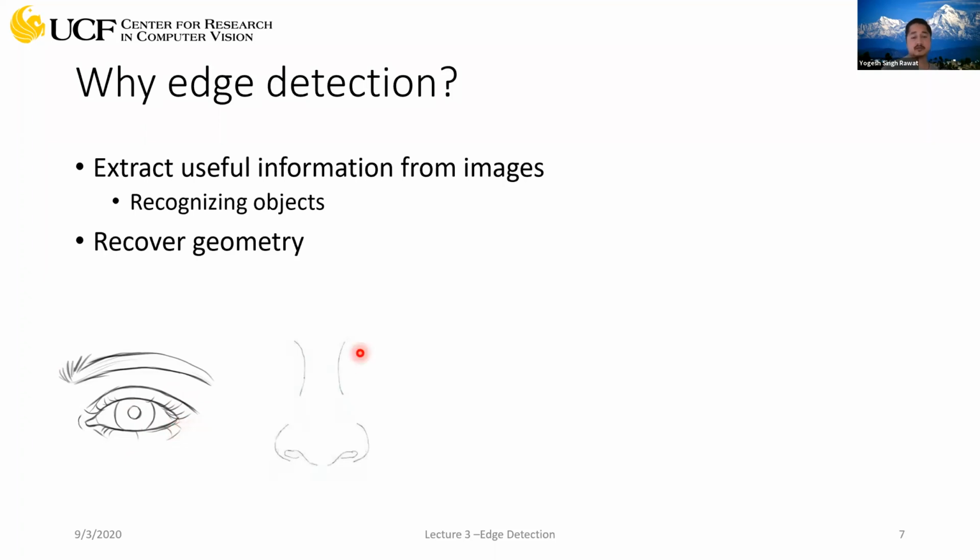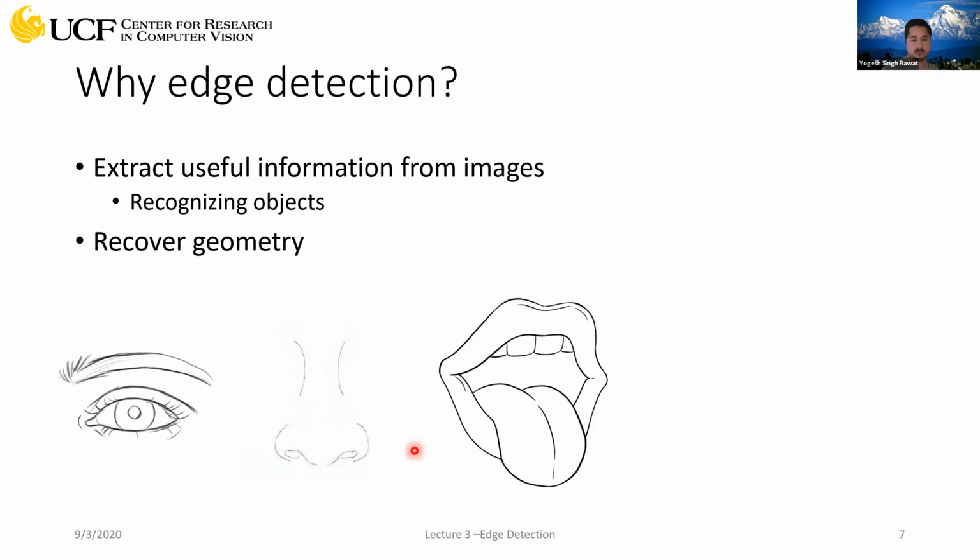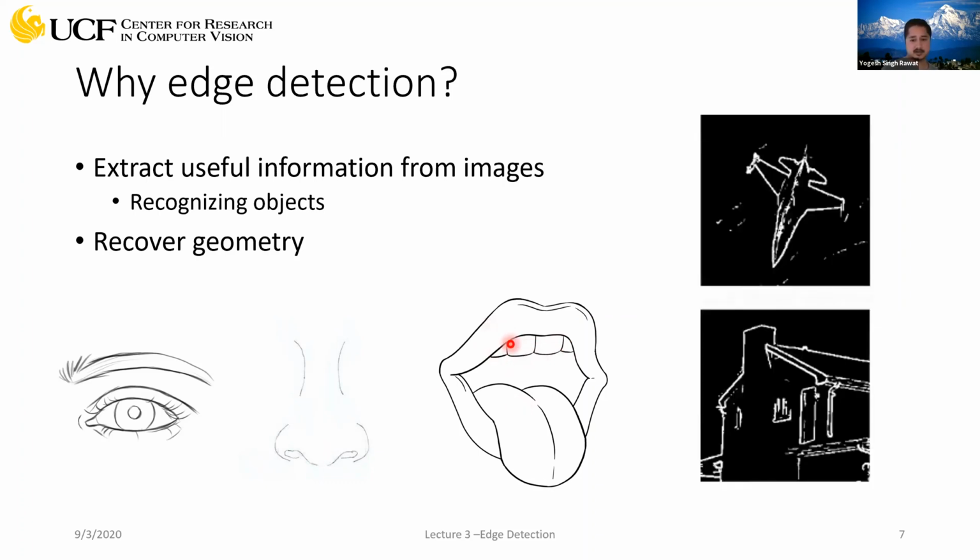Of course, when you don't have any context or colors, it's just the shape which is defined, which you can detect. Again, this is nothing, just a bunch of edges, but you can easily say these are teeth. This is a tongue. So no color information, just edges.